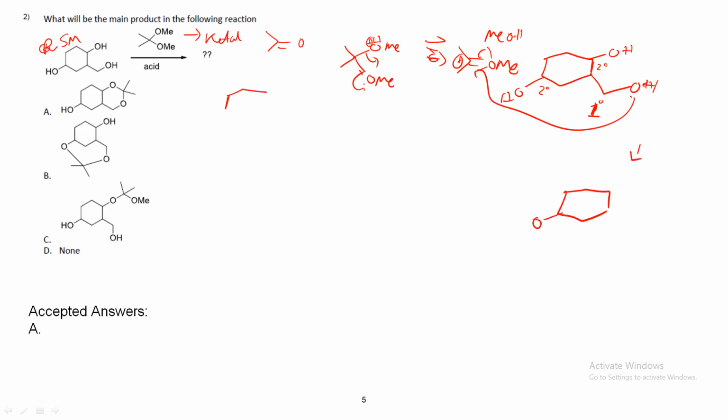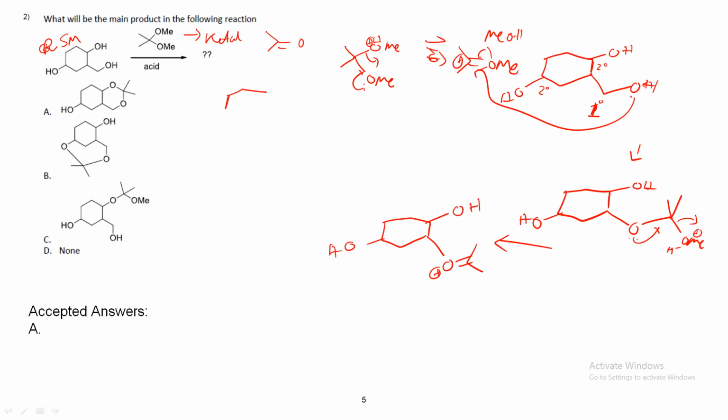So after this attack, we will be generating this species, and here we have H. Again H plus is readily available in the system, and OMe would be reacting, and this oxygen push would do like this, and it again generates this particular species.